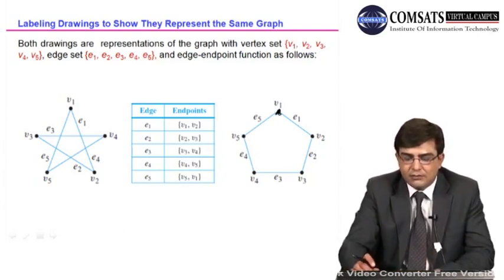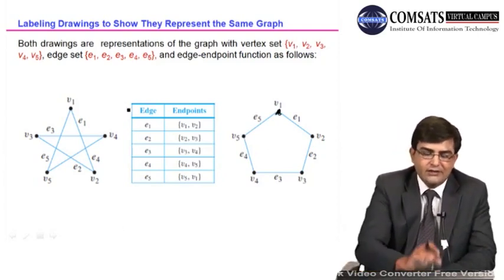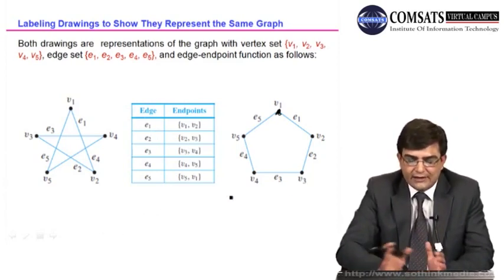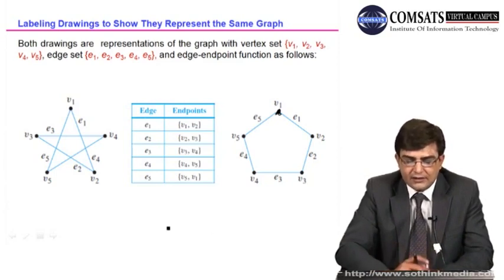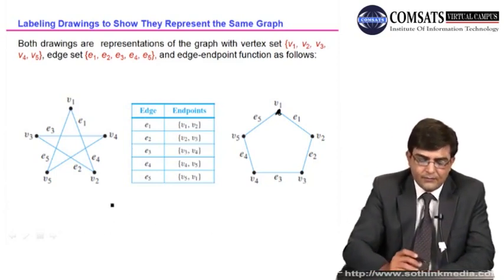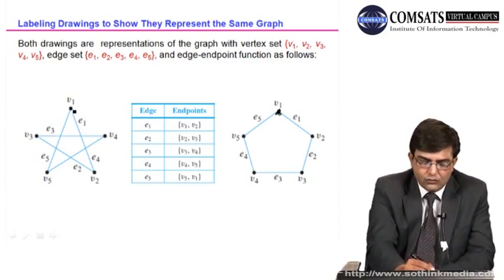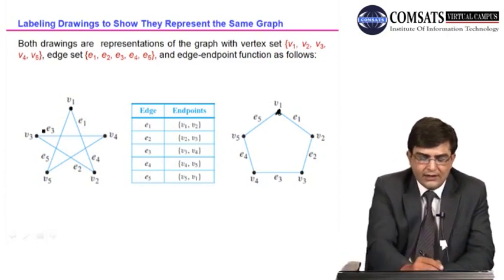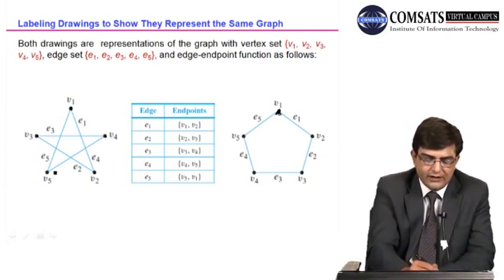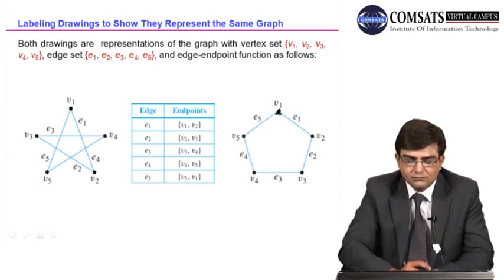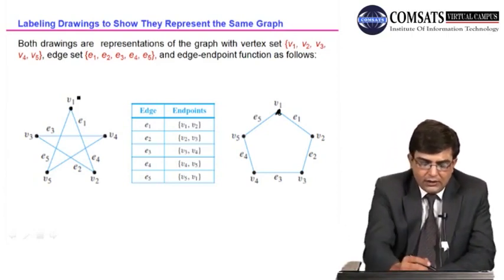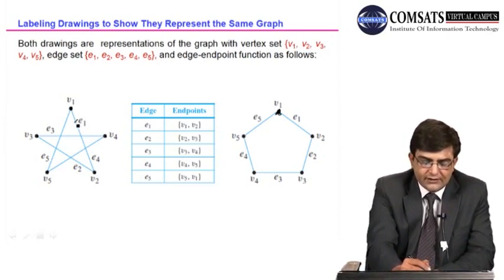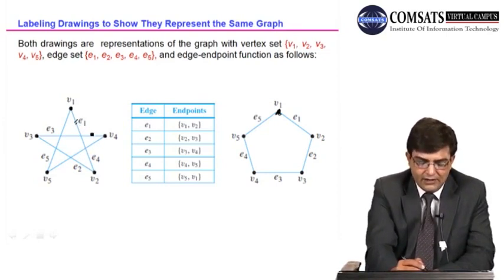Now by looking at this graph, we label this graph in such a way that the information on both graphs becomes the same. Now here we draw v1, we say this is v2, this is v3, this is v4, and this is v5. So when v1 connects v2, we say this is an edge e1.